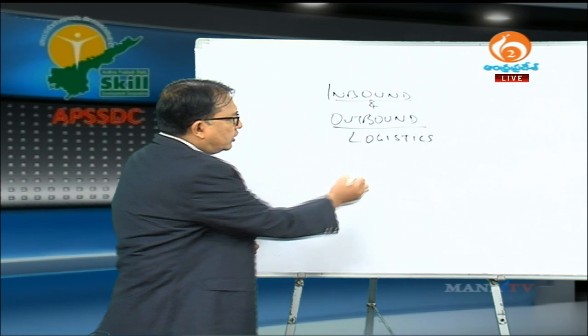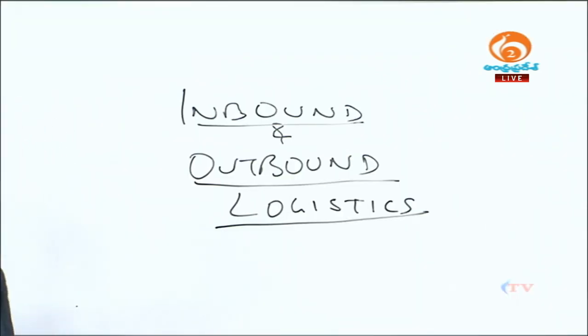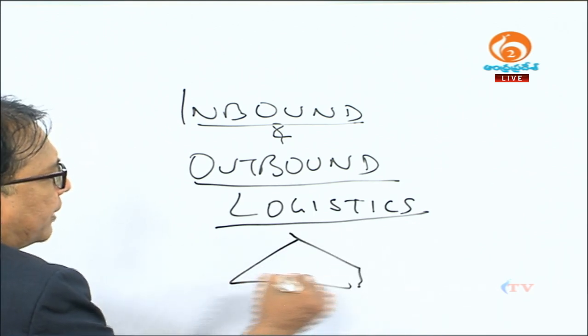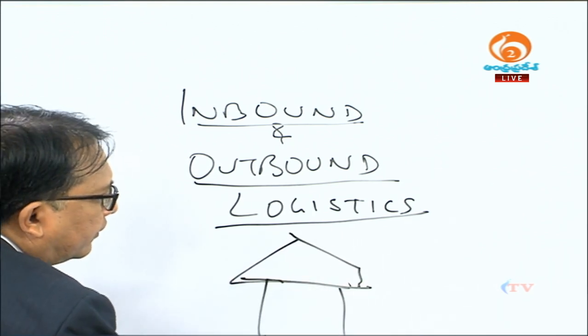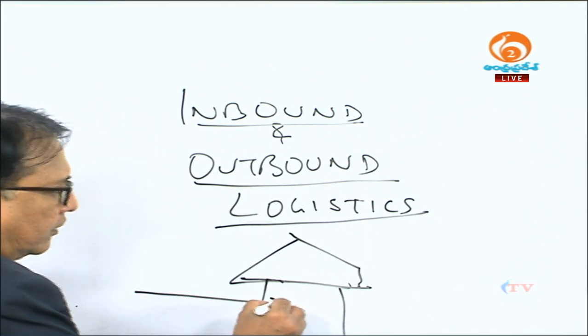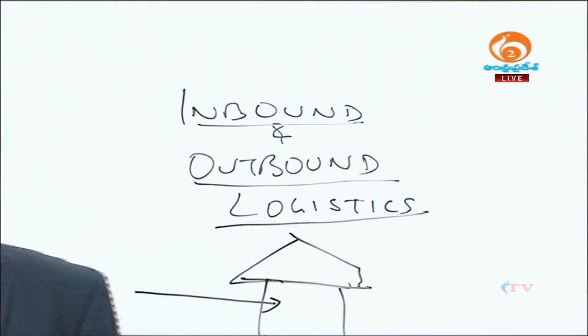When we are talking of logistics, if you remember, we are discussing all activities within a particular organization. The logistics system or the logistics activities in a particular organization include inbound logistics.